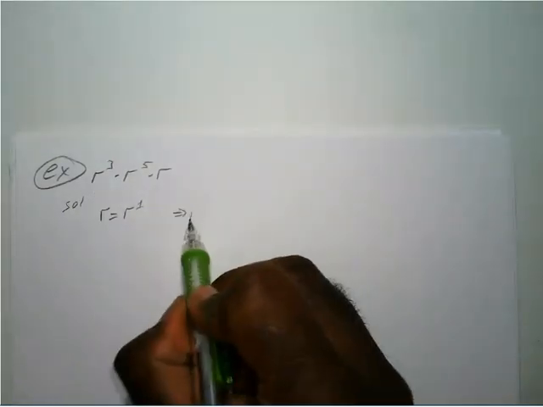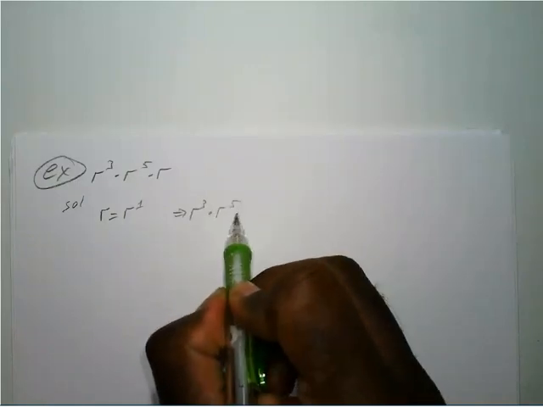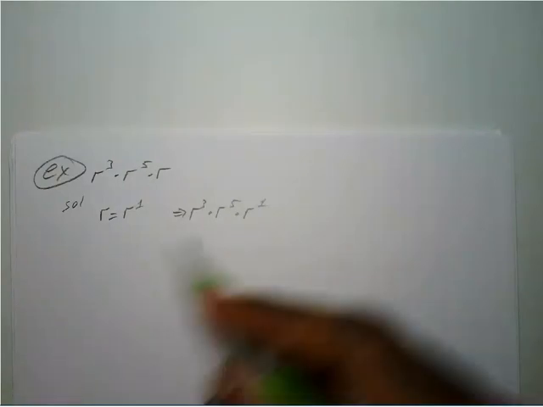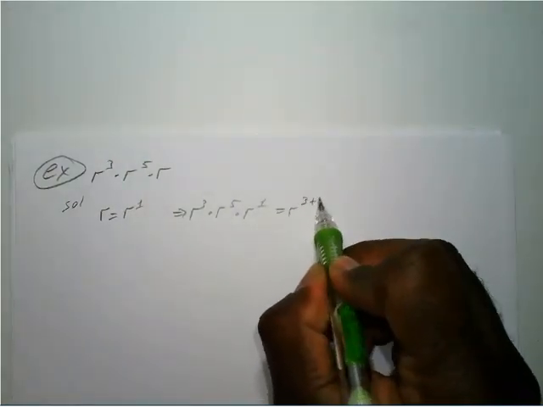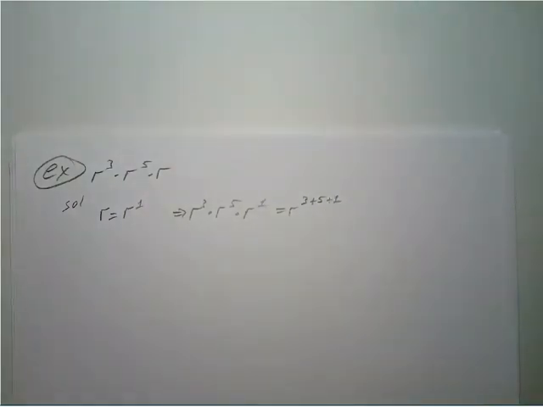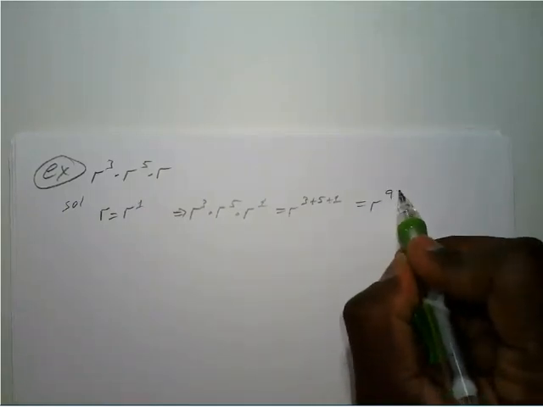So this would be r to the 3rd power times r to the 5th power times r to the 1st power, which is just r to the 3 plus 5 plus 1 power, which is r to the 9th power.